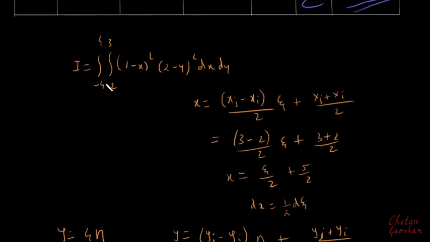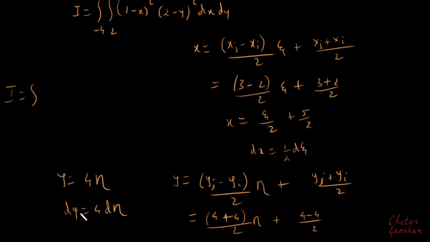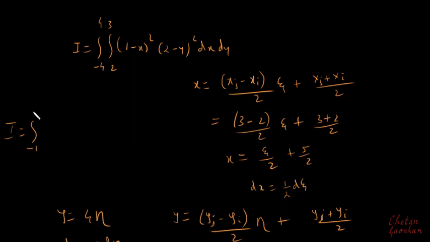So how I can now replace this given integral in terms of natural coordinate is that, since we will be substituting x, dx, y and dy, I can straight away switch the coordinate system from minus 1 to plus 1. This will become 1 minus, in place of x, zeta by 2 plus 5 by 2, whole square, multiplied by 2 minus, in place of y, 4 eta, whole square.